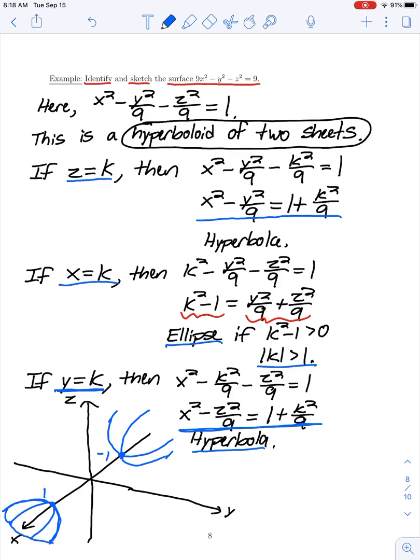So I'm going to get something that looks like the following. I'll have these little elliptical cross sections. So here a rough sketch, but I see that my surface is a hyperboloid of 2 sheets, which is sort of expanding along that x-axis.